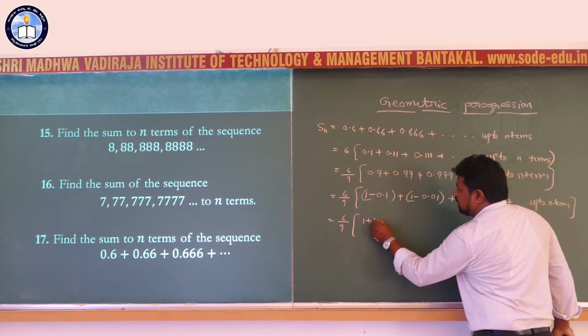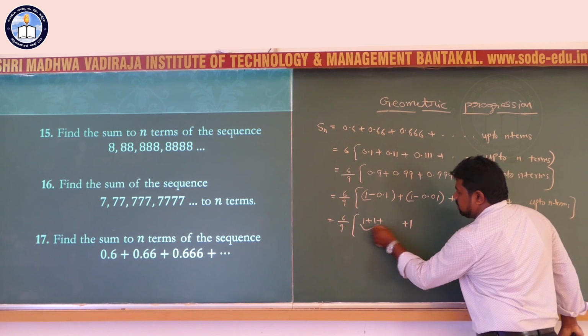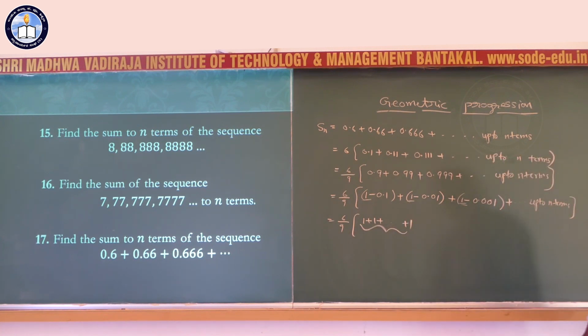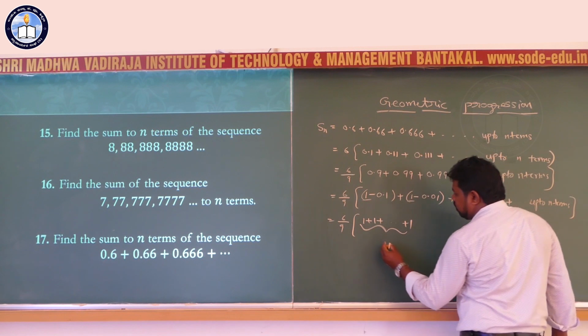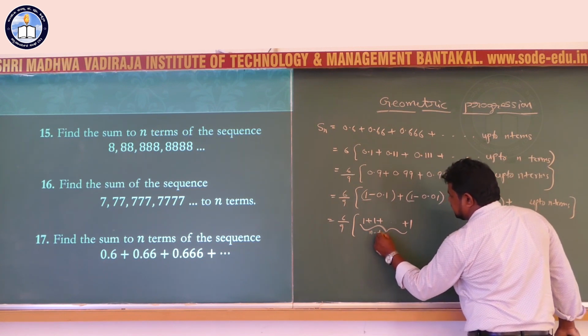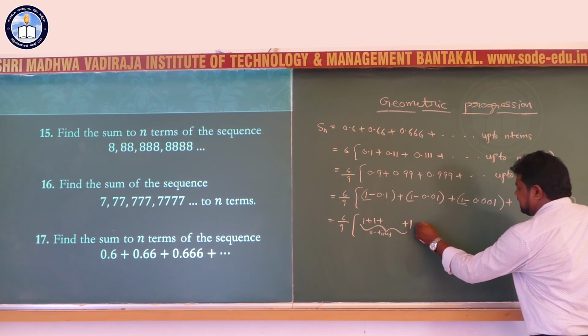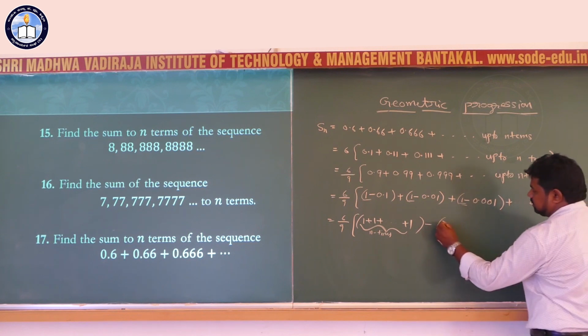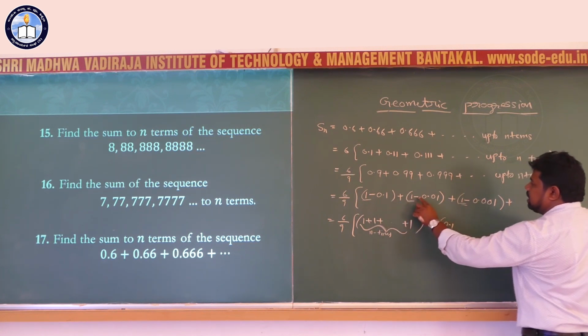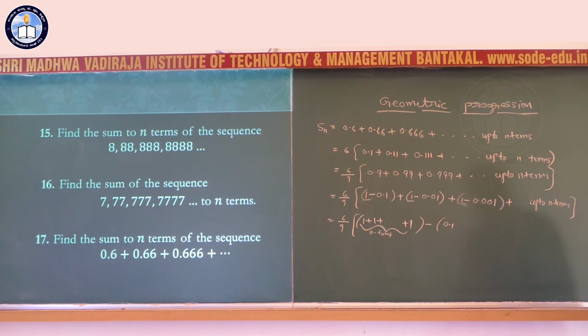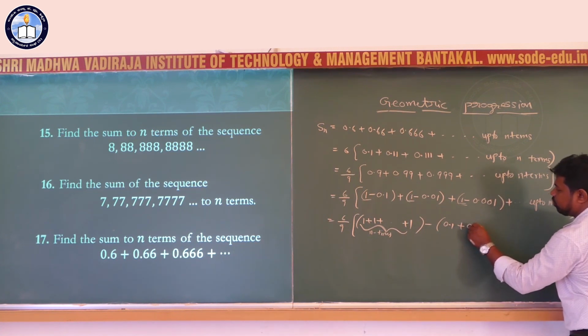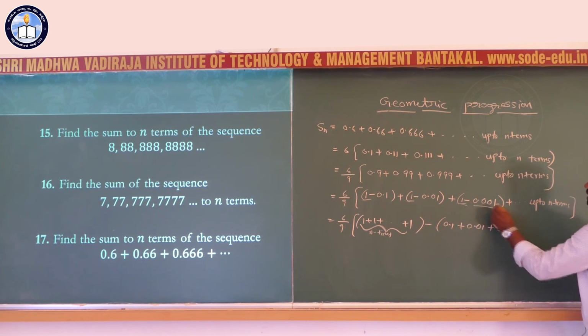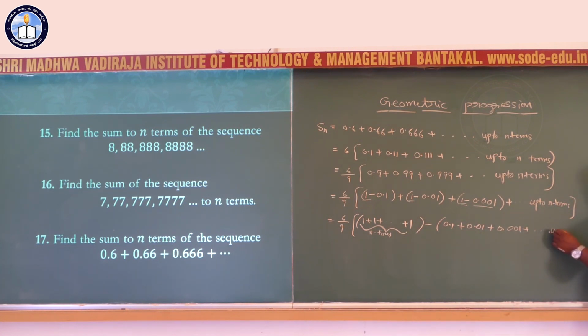Therefore, 1 plus 1 plus up to n terms, 1 plus 1 plus 1 n times, minus 0.1 minus 0.01, I take minus outside, plus 0.01 plus 0.001 up to n terms.